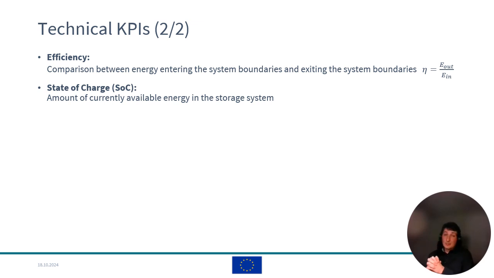There might be an upper limit for the temperature, that's quite clear, but what's the lower limit for this temperature? Is it lower than the ambient temperature? And what does this mean? Where is your zero state of charge for this one? So state of charge might not be straightforward depending on what kind of storage system you're looking at. That's what I want to say here, right?